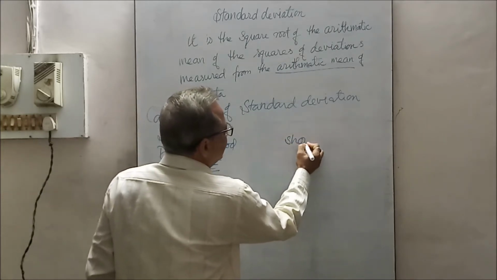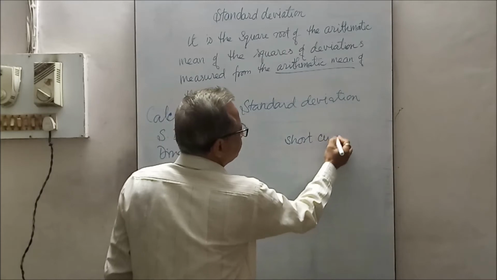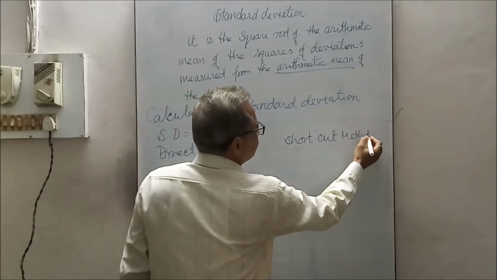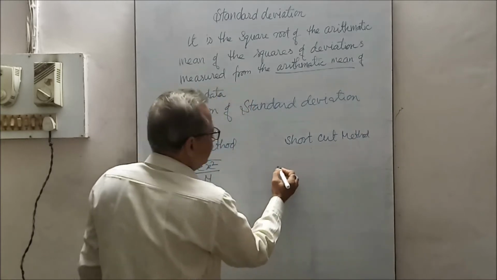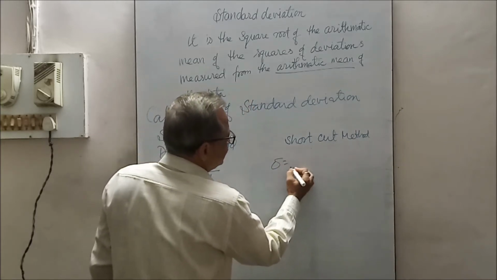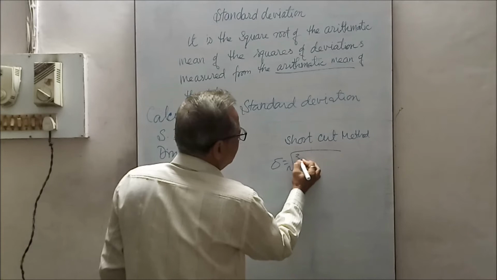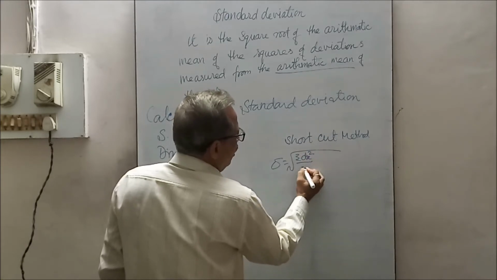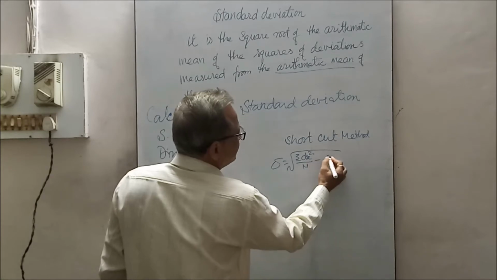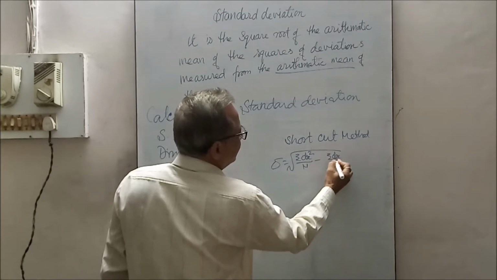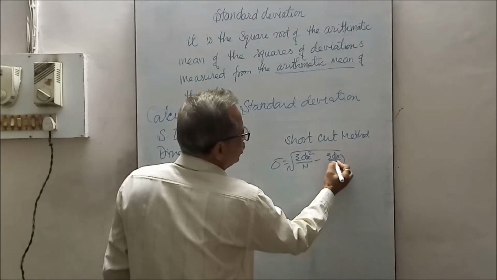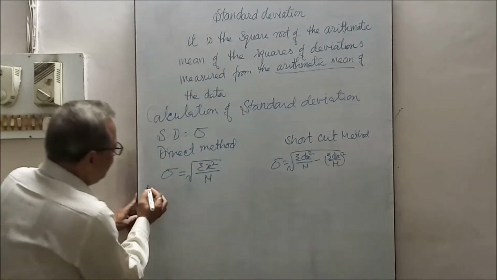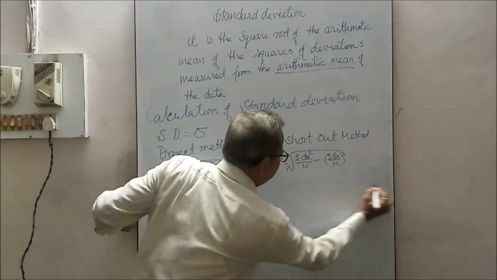The shortcut method is also used. Here standard deviation equals the square root of dx square upon n minus dx upon n whole square. This is used.